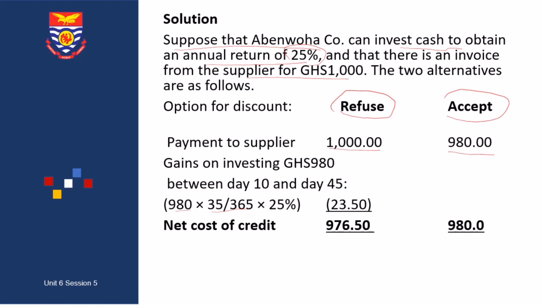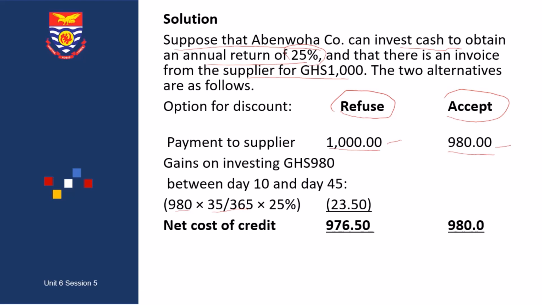So I hope you understand what you are trying to look at. If you refuse, you are paying 1,000. If you accept, you are paying 980. But you could have invested the 980 within the 30 days to get this amount.